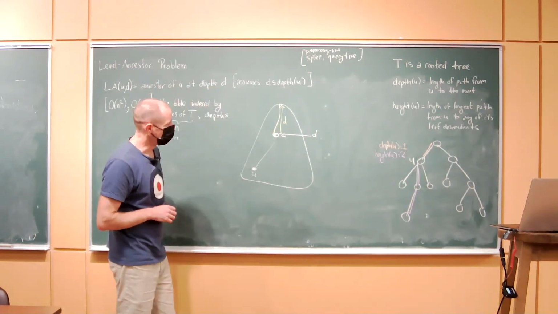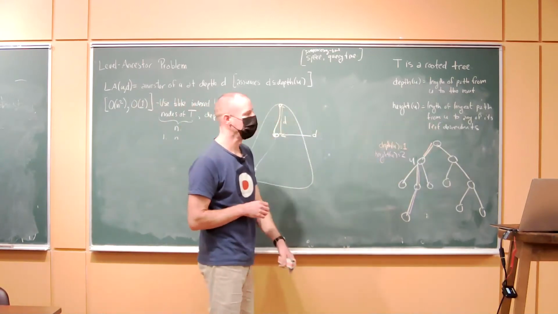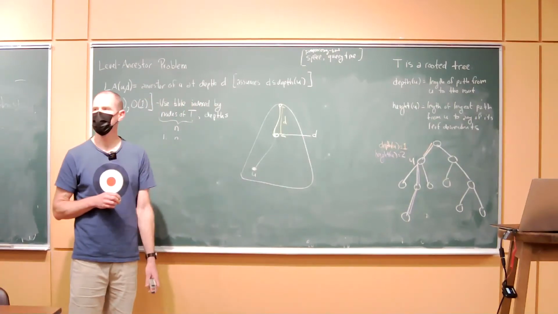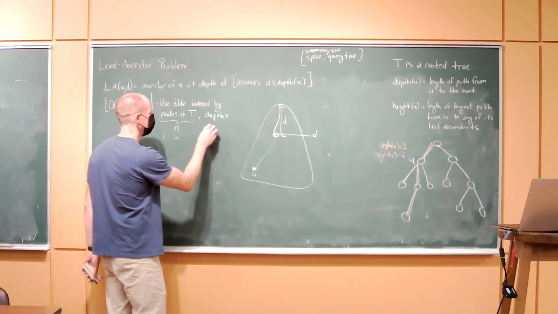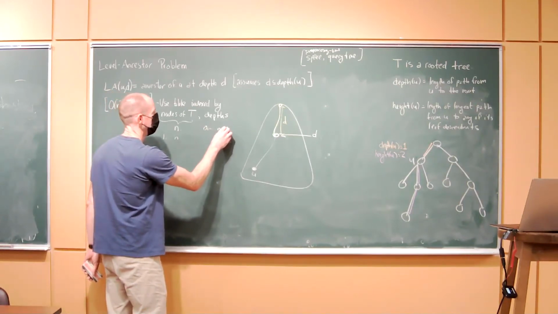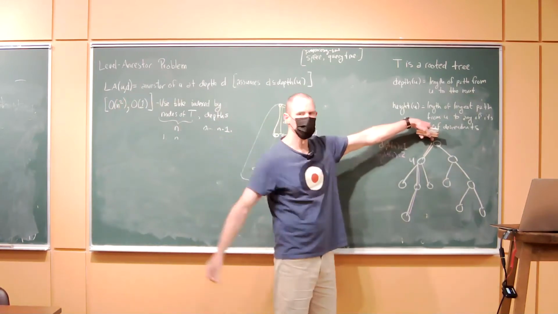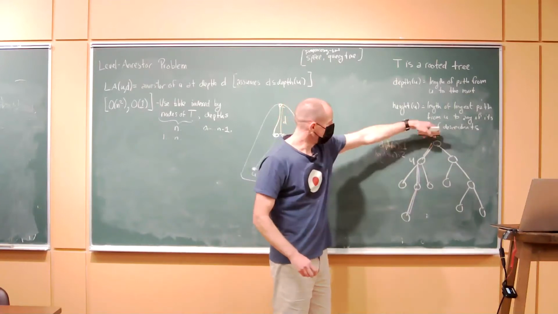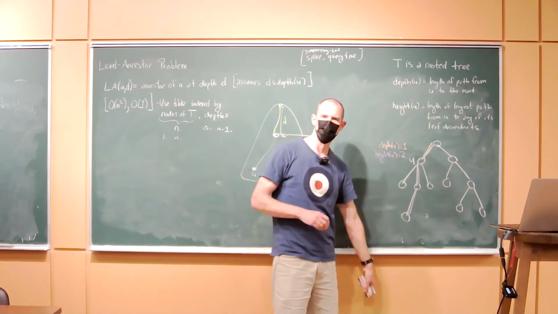The root has depth 0, for instance, because the shortest path from the root to itself has length 0. What's the maximum depth? It's in fact n minus 1. Even if the whole thing was a list, so there was no branching at all in the tree, the root would have depth 0, and the last node at the bottom would have depth n minus 1.